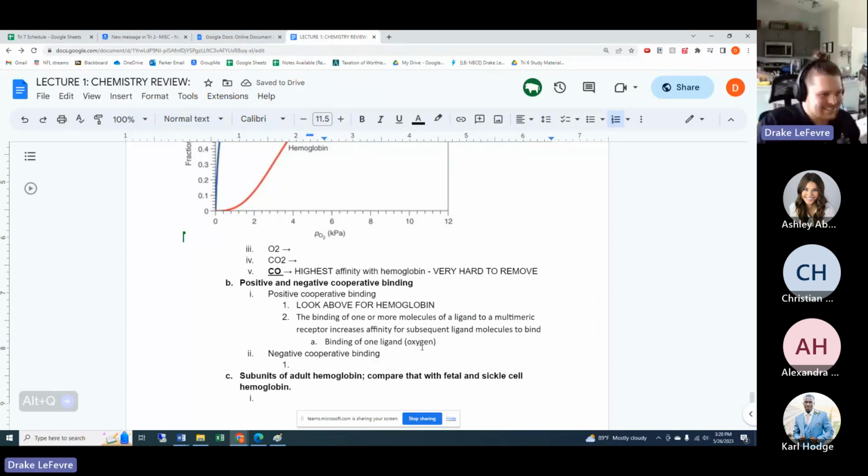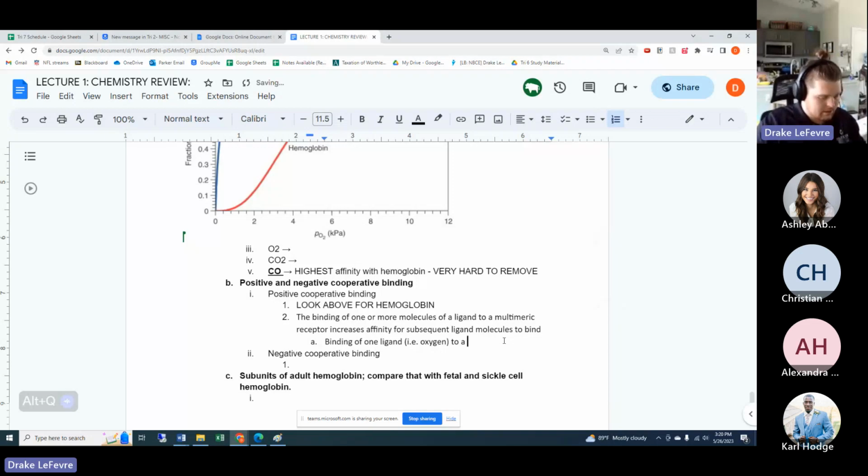Binding of one ligand, such as oxygen, to a multimeric receptor. At one point, I knew that word. Multimeric.